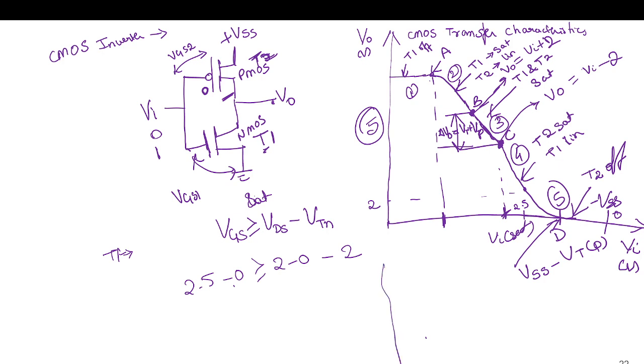T2 will remain in the same region, right? If I consider this potential, I think for this graph, this will be a valid value. So the VO is 2.